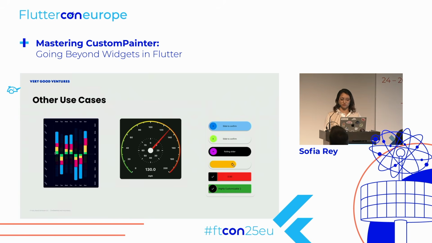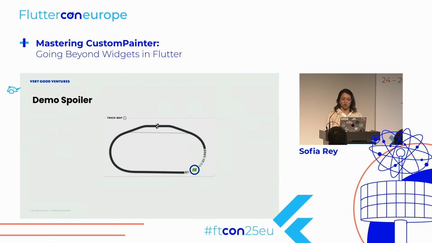We also have other use cases, for example, charts, speedometers, custom controls, or, which was my case, and a little sneak peek into today's demo, a track map for car races in which the cars have to follow a specific path, right? So this is what we are going to be working on today.